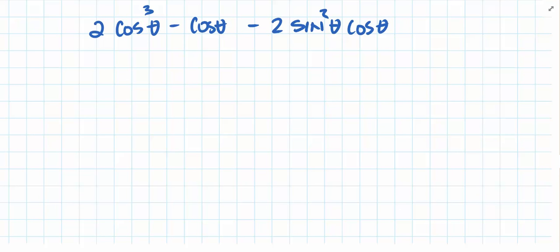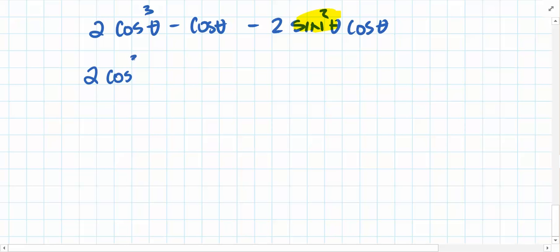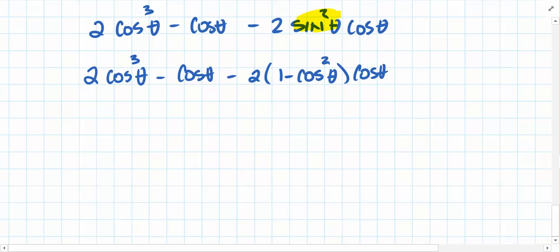What do you see now that we could do? We have 3 terms. They all have cosine in them, except this one. This one has a sine squared. Is there anything I can do with that one? Can I change sine squared into something with a cosine? Yes, I can. So I'm going to have 2 cosine cubed theta minus cosine theta minus 2 times, I can change sine squared to 1 minus cosine squared theta times cosine theta.